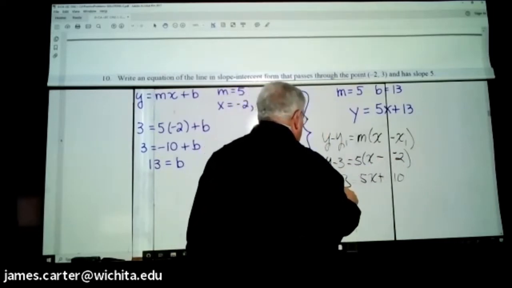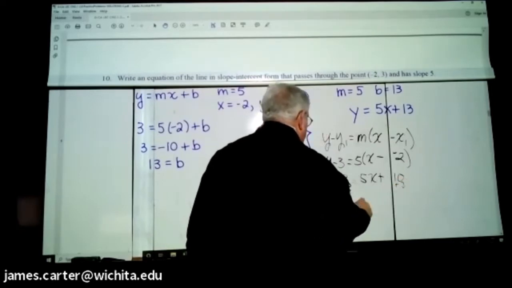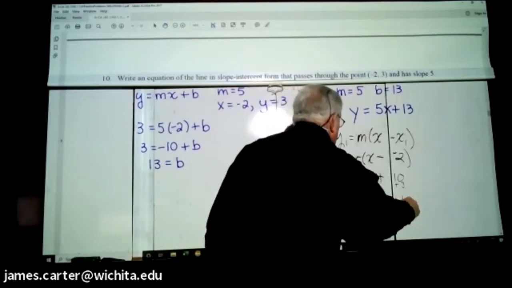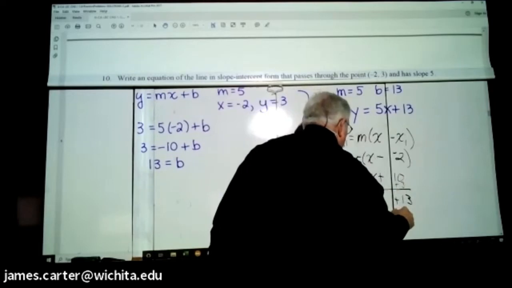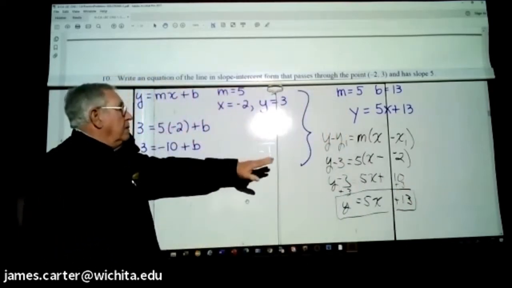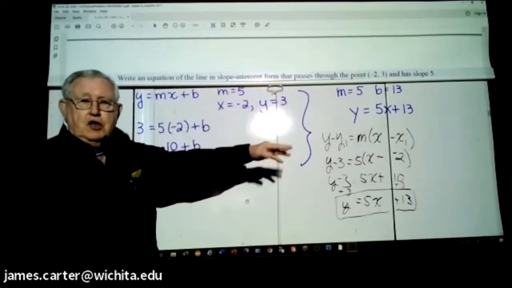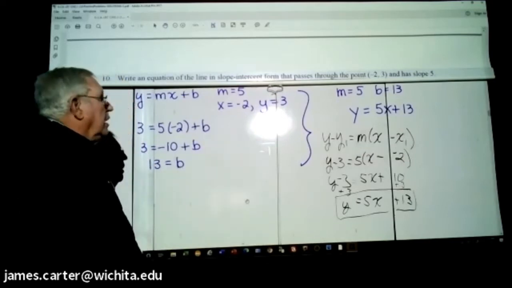Plus 3 both sides: y equals 5x plus 13. If you use this manner consistently, anytime you have the slope and you have one or more points, you'll be able to get the answer.